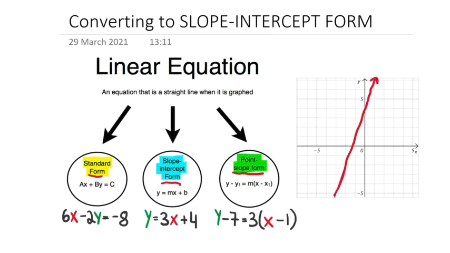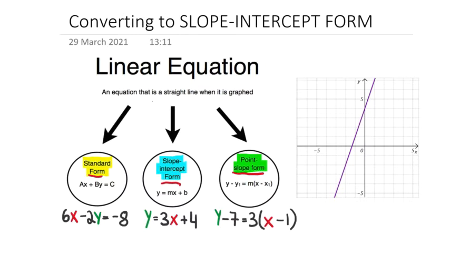The problem is that standard form and point-slope form cannot be graphed on a graphing calculator because there is not an input and output. We require that for the graphing calculator.